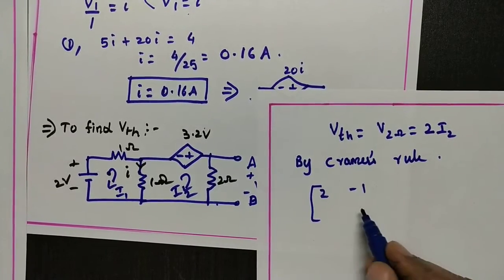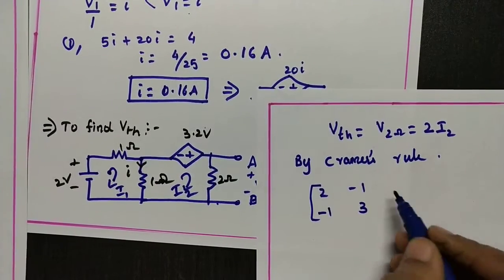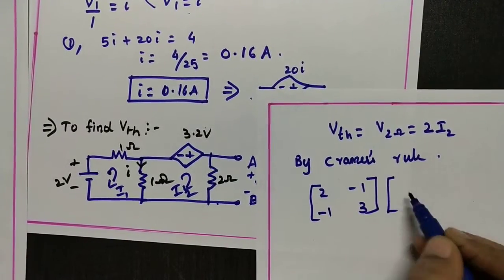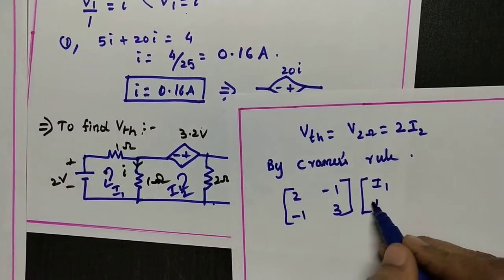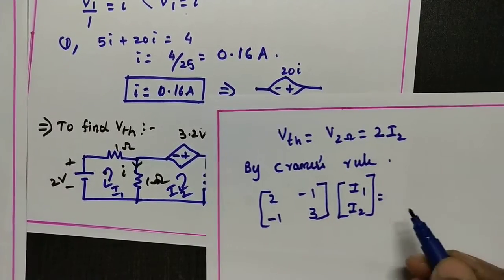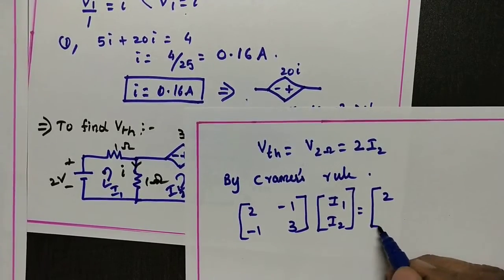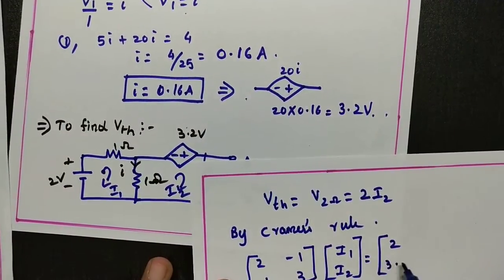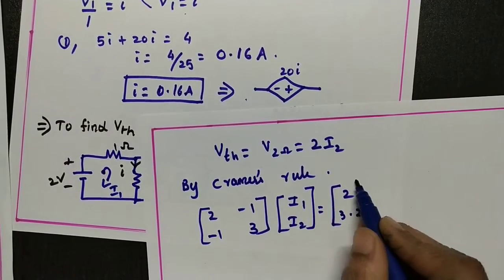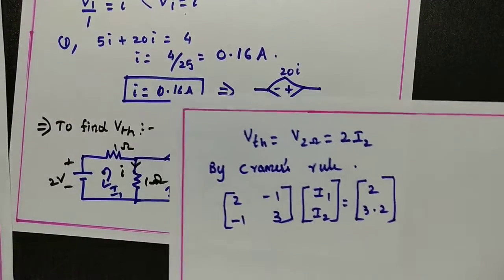So 1 plus 2, 3, minus 1. Into I1, I2, that is equal to, the voltage rise 2 volt for the first mesh and 3.2 volt, that is the dependent source voltage, for the second mesh.